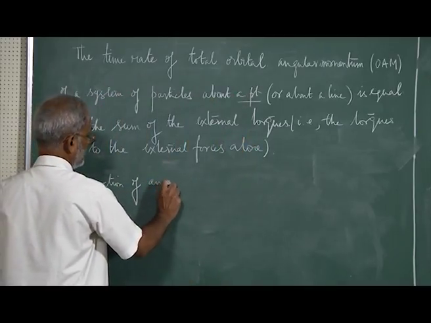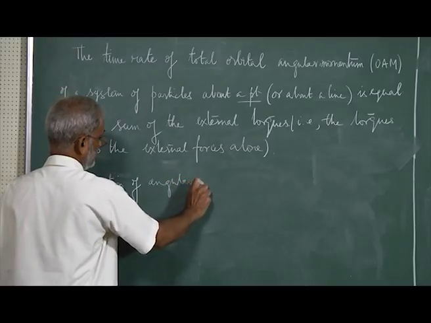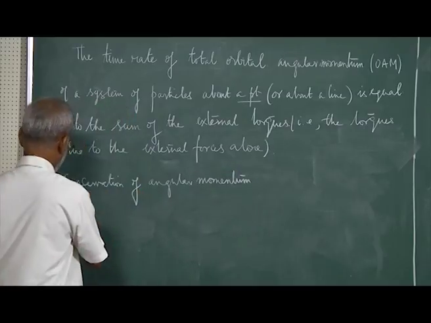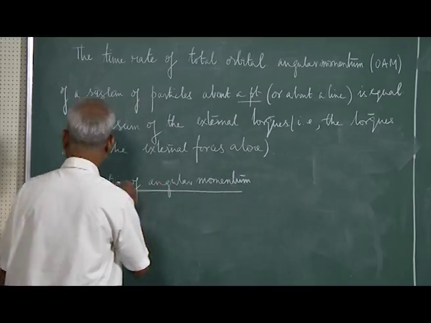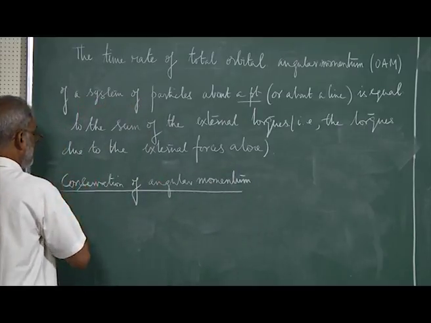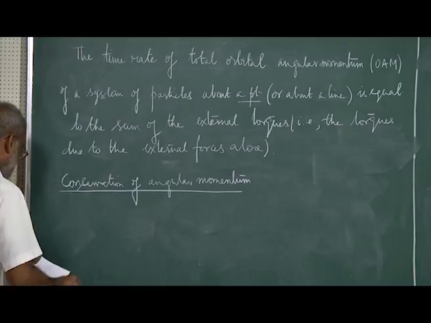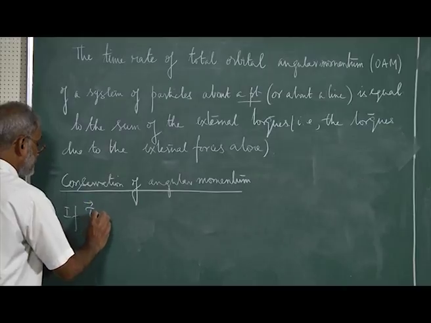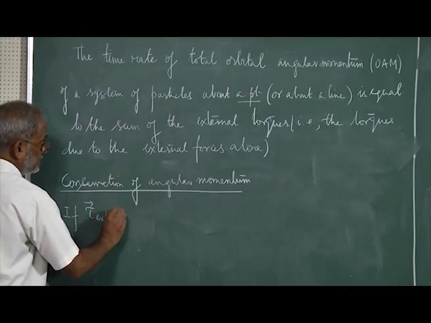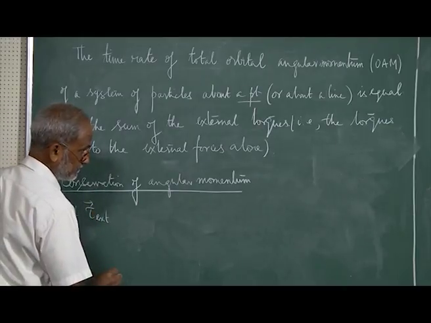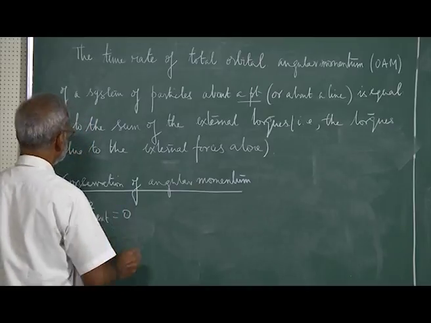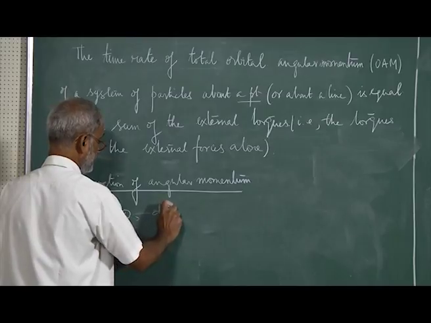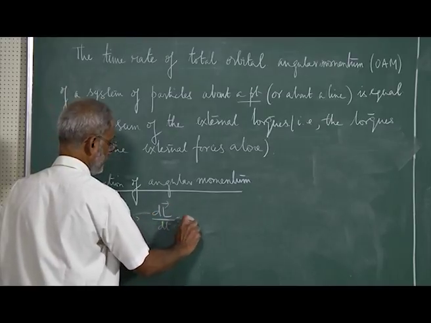If tau external is equal to 0, then dL by dt is equal to 0.